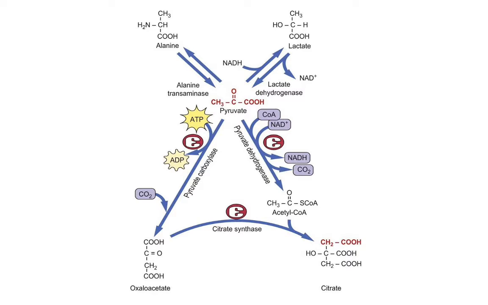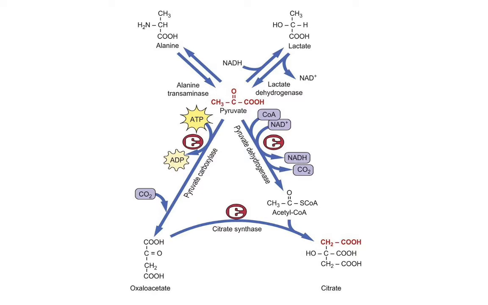Okay, so the other thing that can happen is we can convert pyruvate into one of the TCA intermediates, oxaloacetate, and this is a two-way reaction, I believe. So it can go back the other way.